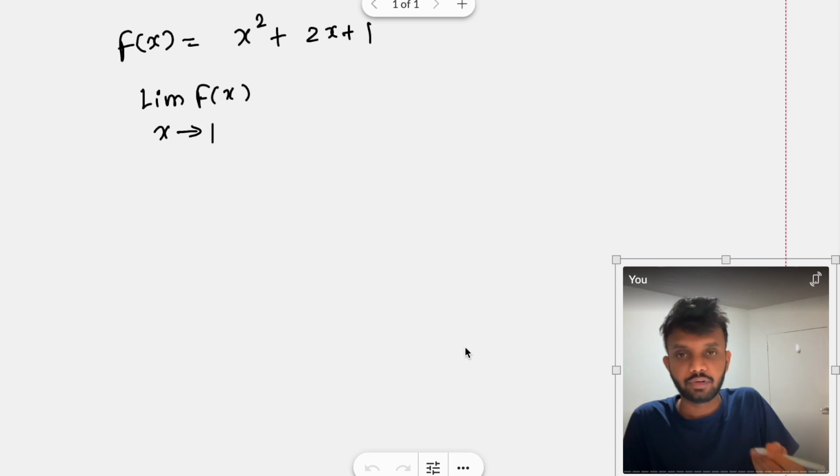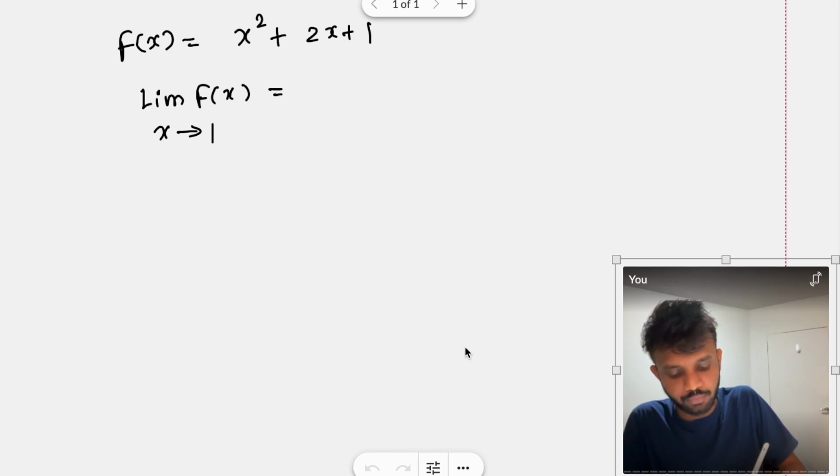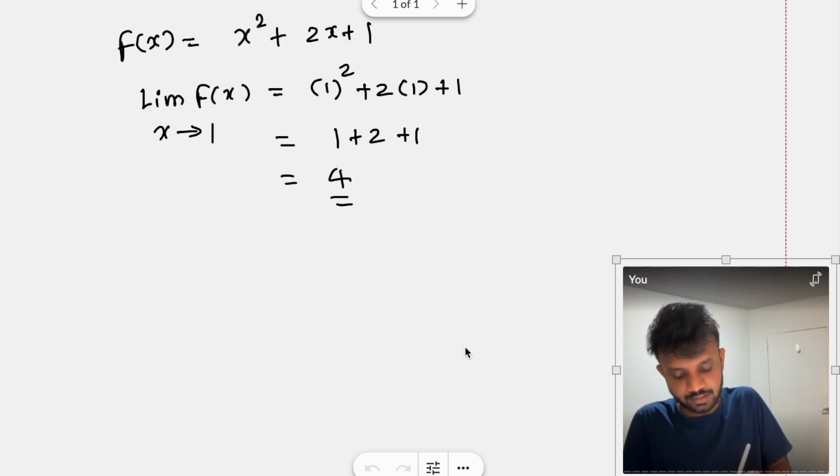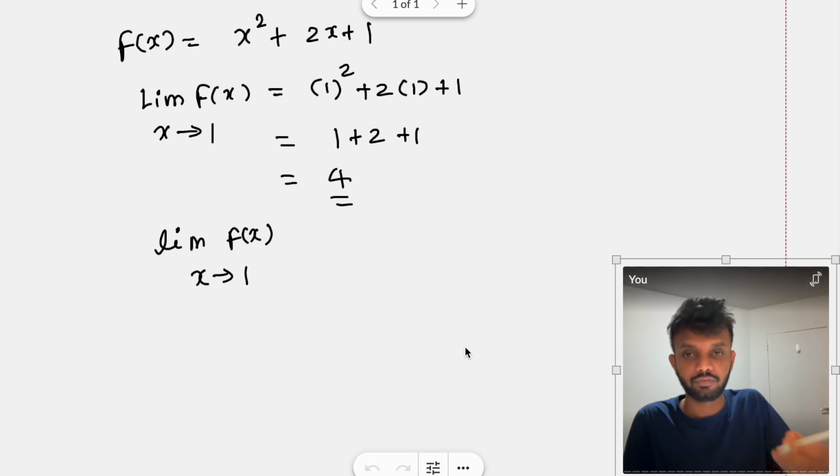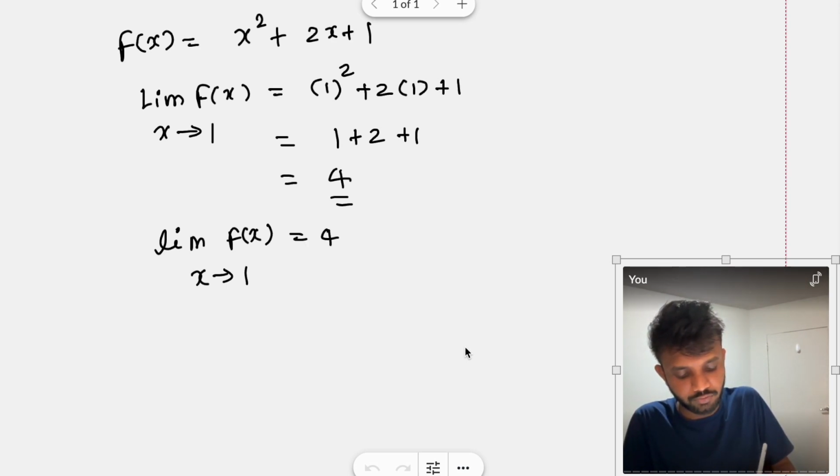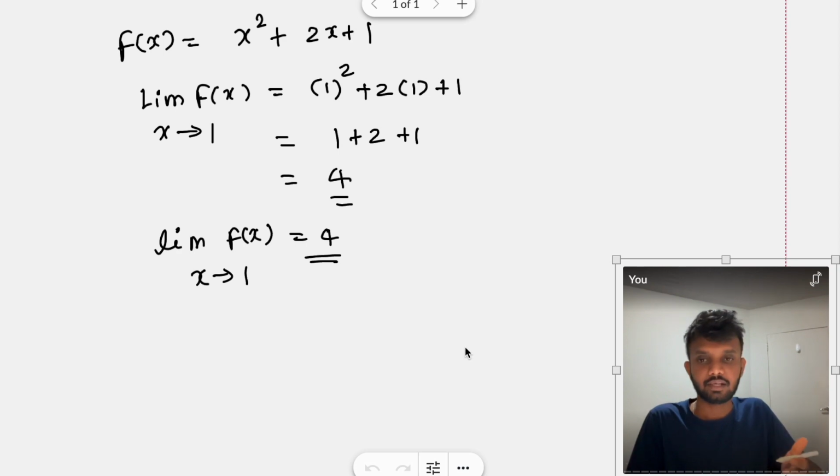I just have to put the value 1 in f(x). So this will be 1 square plus 2 into 1 plus 1, which is 1 plus 2 plus 1, that is 4. So the limit of f(x) as x goes to 1 is equal to 4. This is an example of limit.